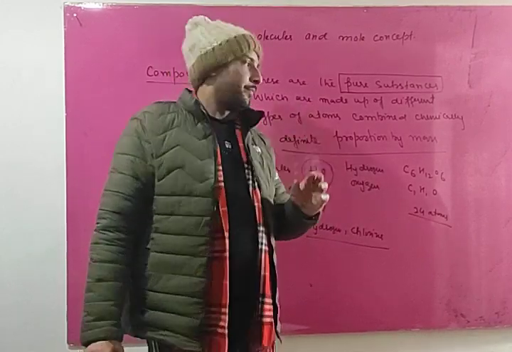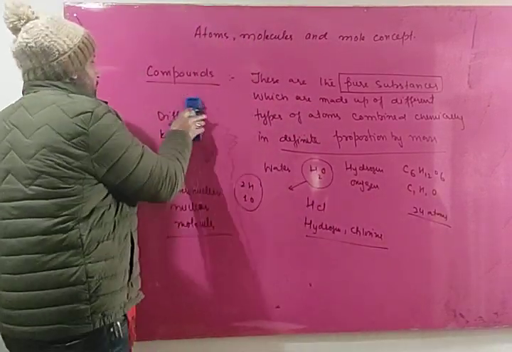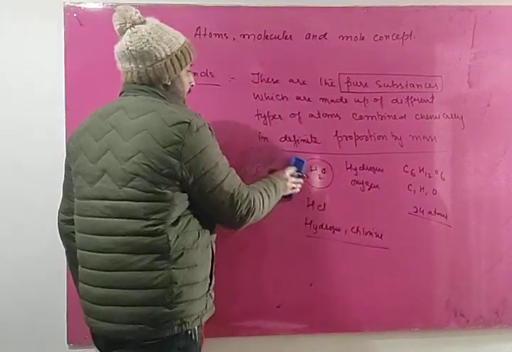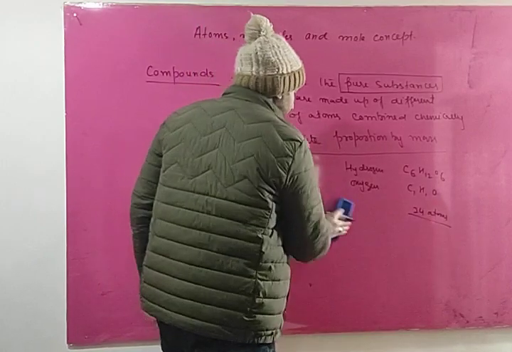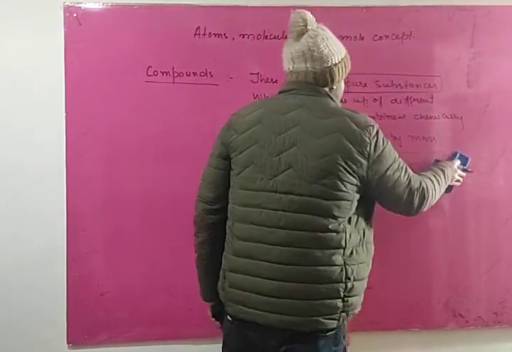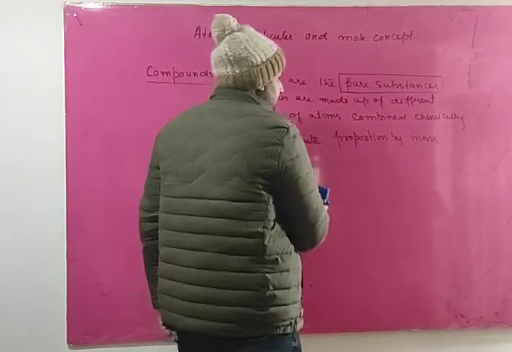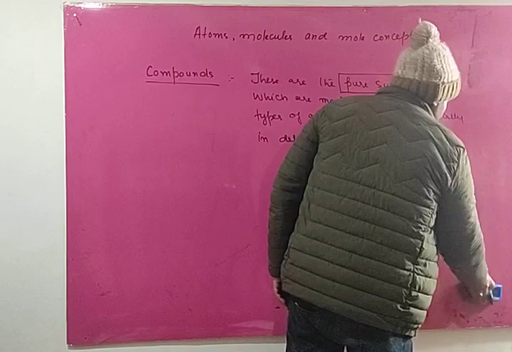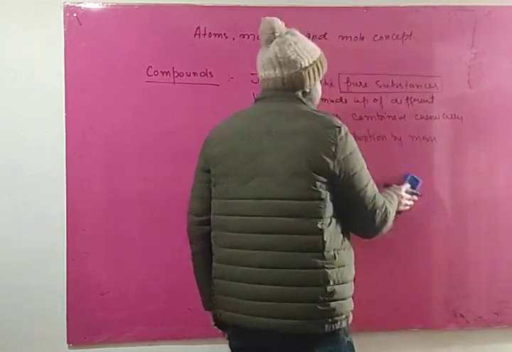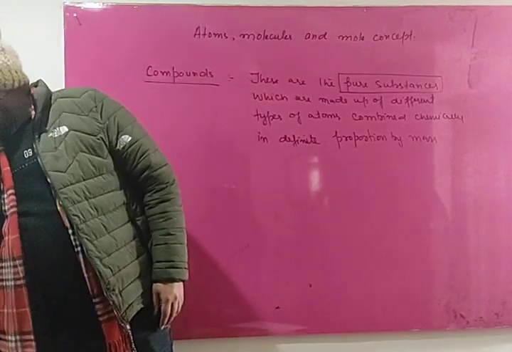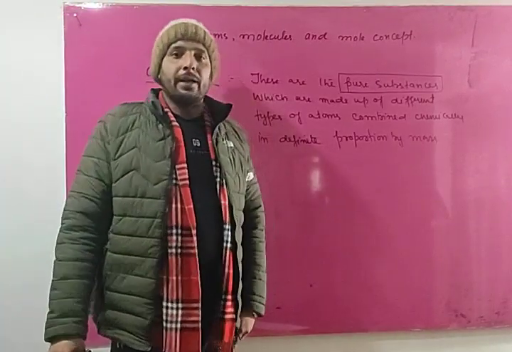Alright? Now, when we talk of compounds, what happens in compounds? Atoms combine chemically, okay? Atoms lose their identity and they form new substances. New chemical substances, which are different than their constituent atoms.